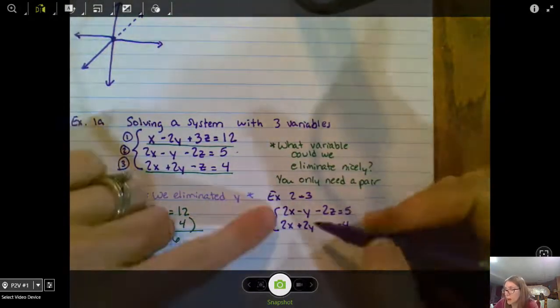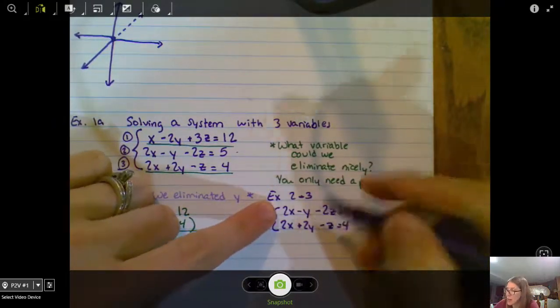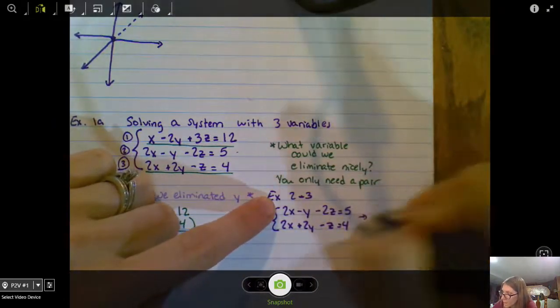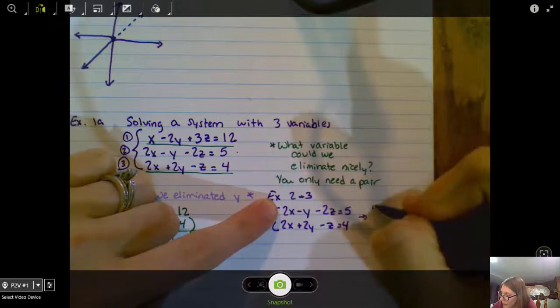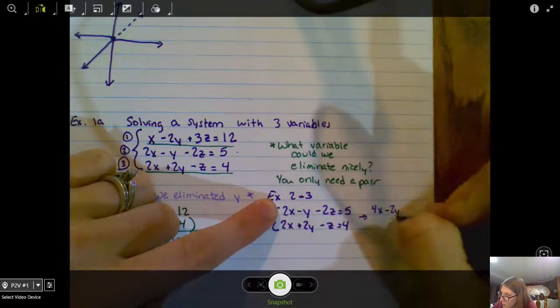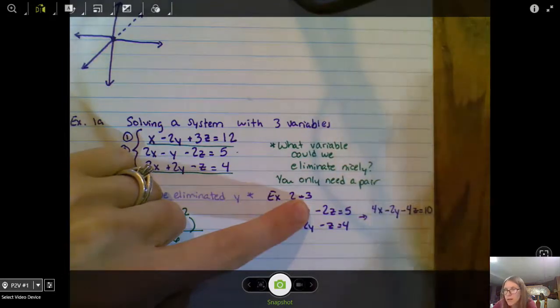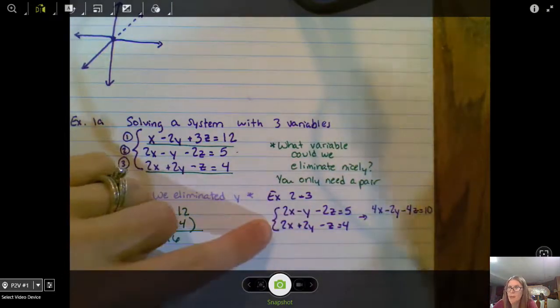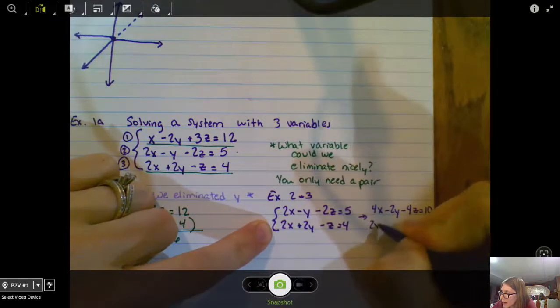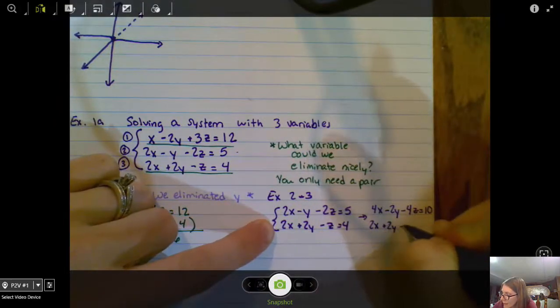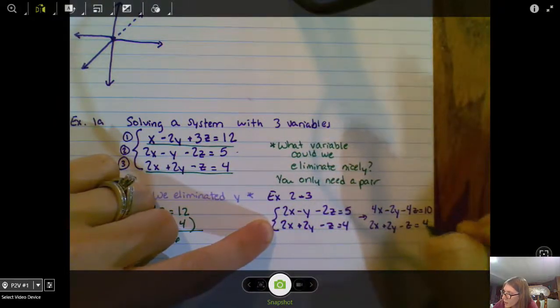But what I could do is multiply my top equation by 2. So this becomes 4x minus 2y minus 4z equals 10. And then my bottom equation stays the same. 2x plus 2y minus z equals 4.